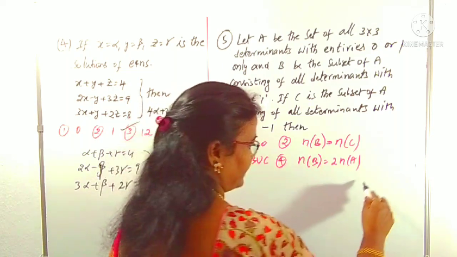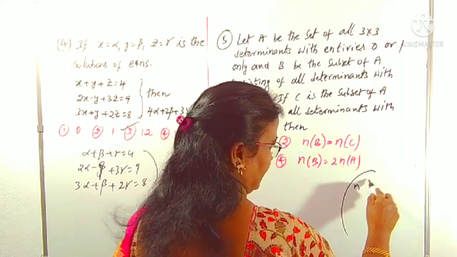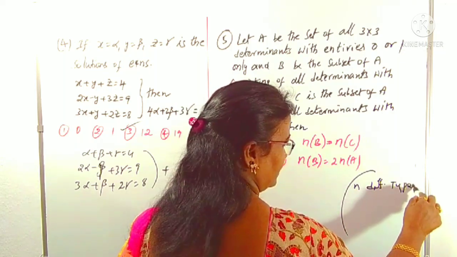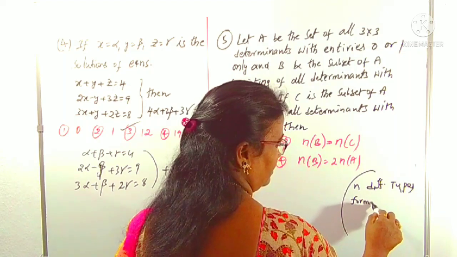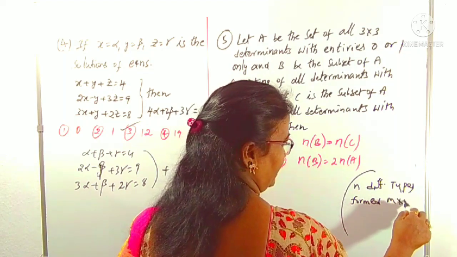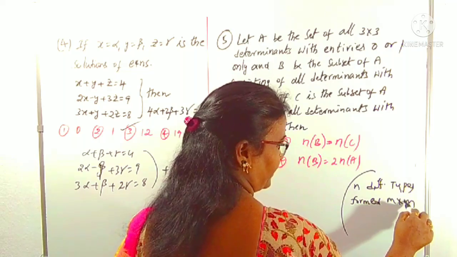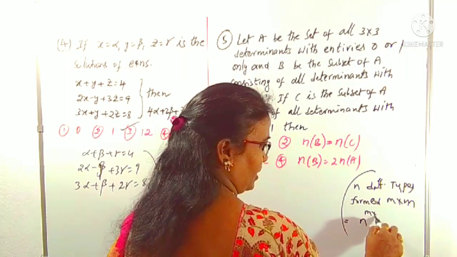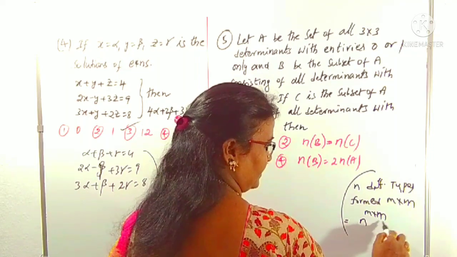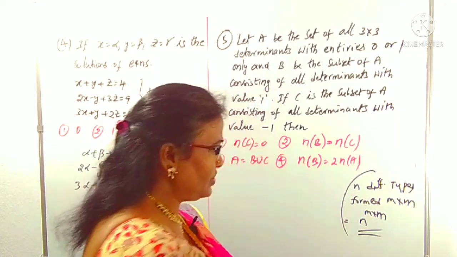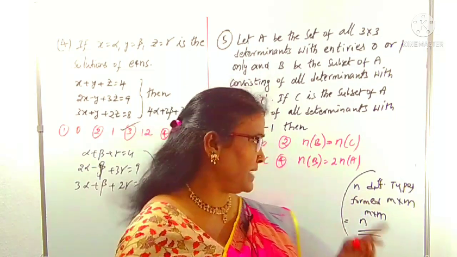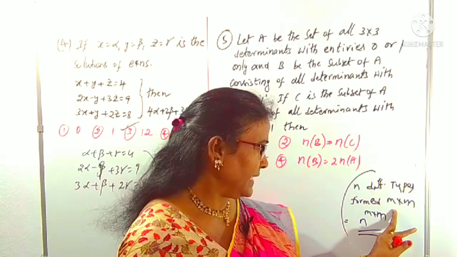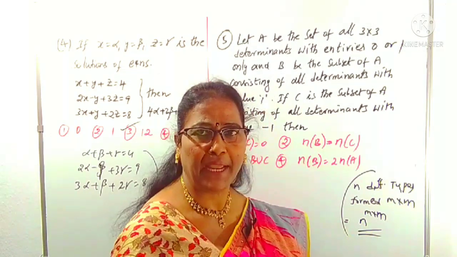If there are n different types of elements, then m by m determinants formed can be n power of m into m. You have to remember this short trick. This is used to find the number of determinants when n different types of elements are used with order m by m, which is n power of m into m.